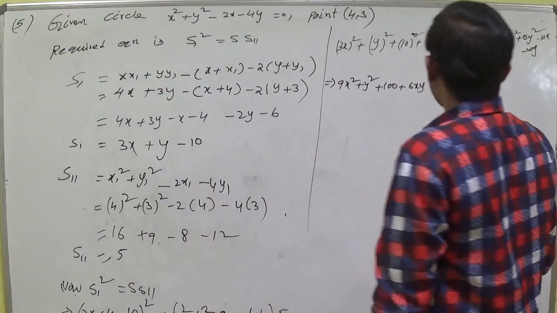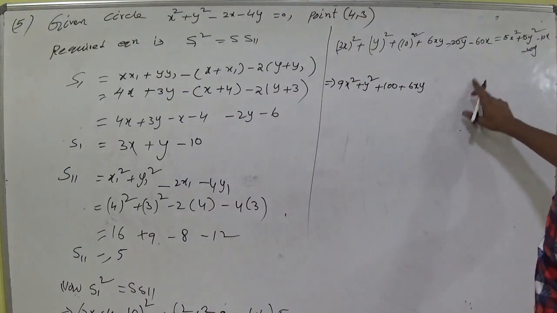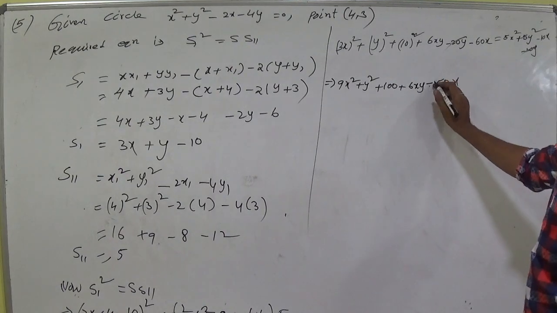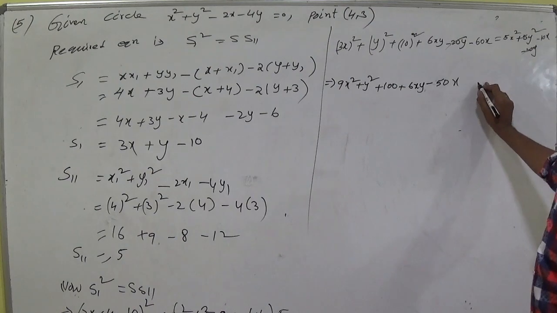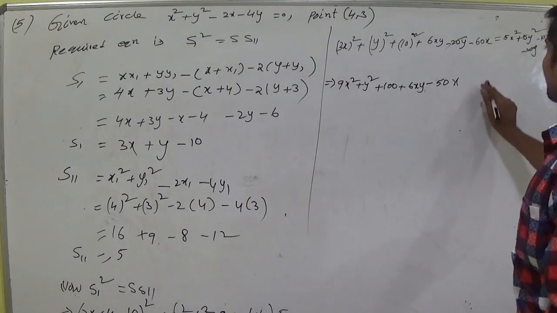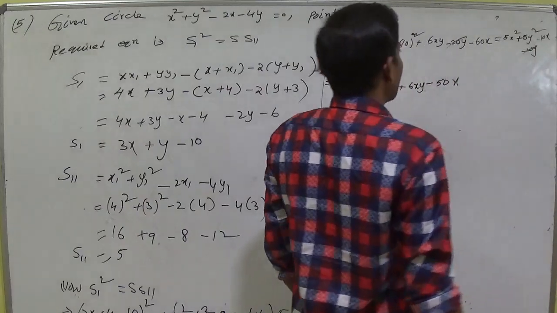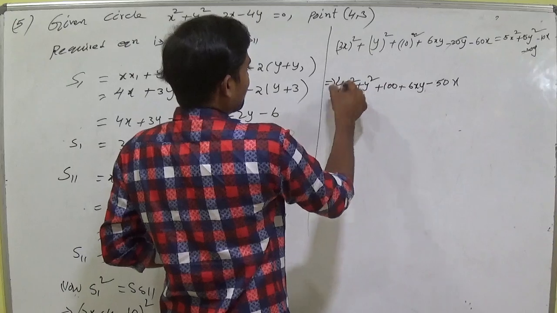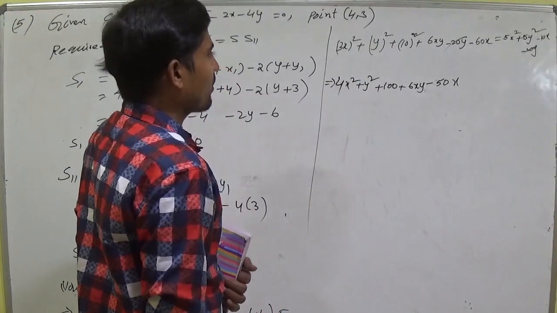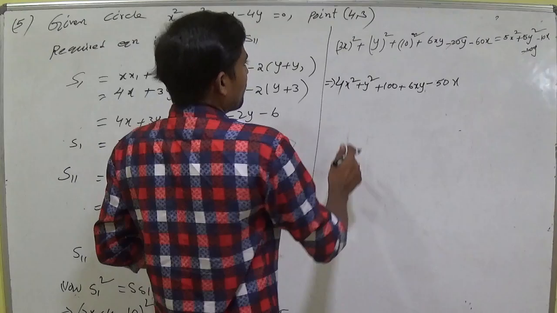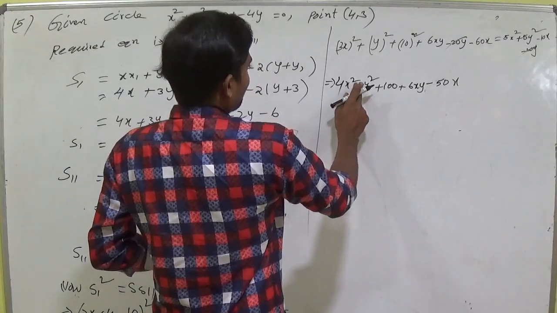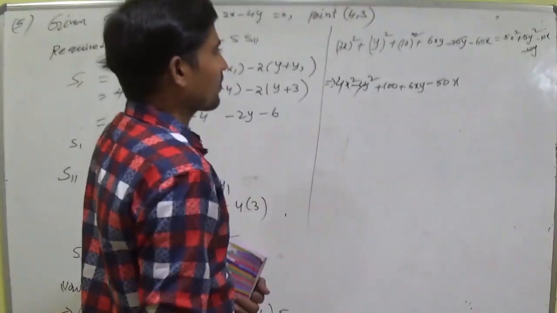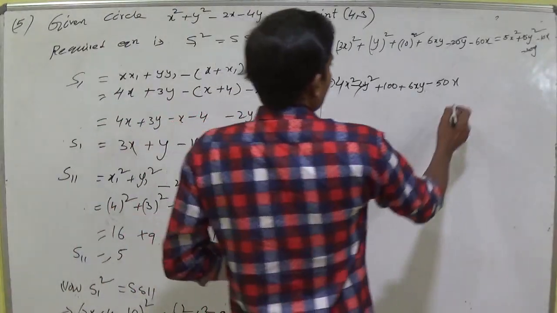Which becomes minus 50x, and let us simplify this also. 4x square, and then minus 4y square, equal to 0.